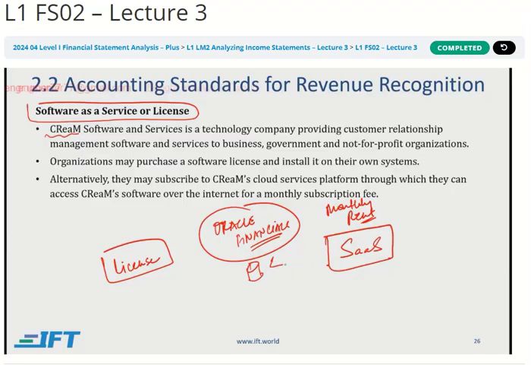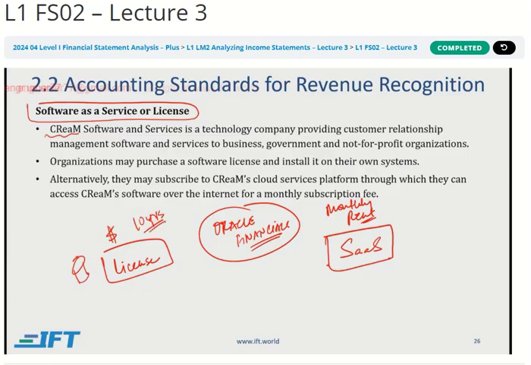On the other hand, you could say, no, I don't want this software as a service model. I'm going to pay you a one-time cost, and you'll just give me the rights for this software, and I will install the server at my end, and I will use it for, let's say, 10 years. You can give me a license.